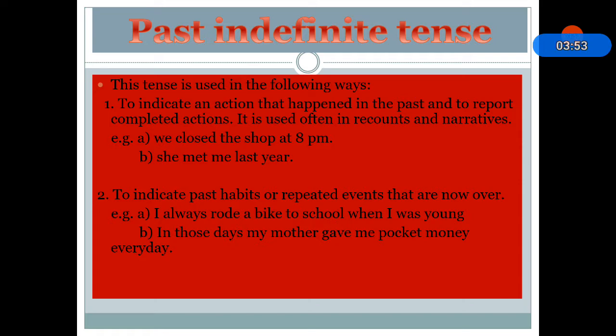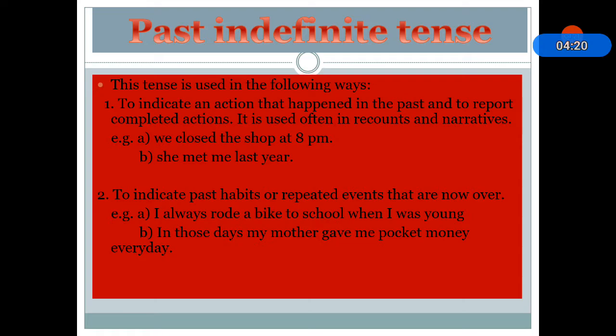And it is also used to express an action which lasted for a period of time in the past. Example, he worked in that office for 4 years. Or another example, she lived in Delhi for a long time.